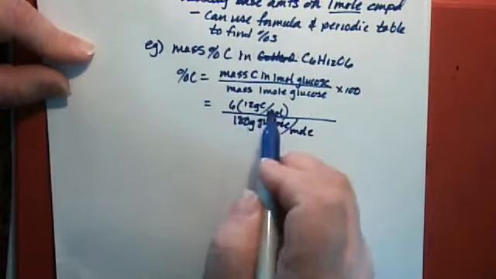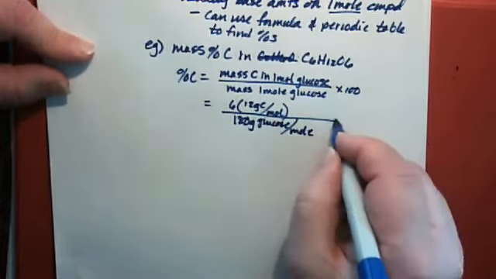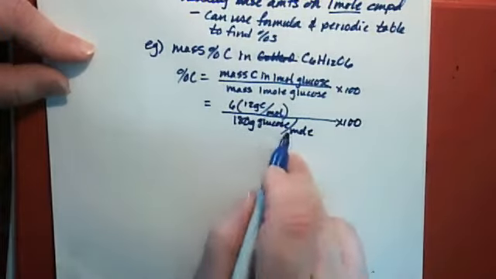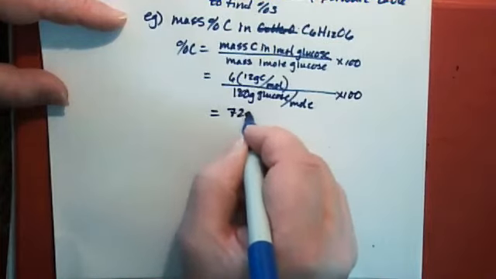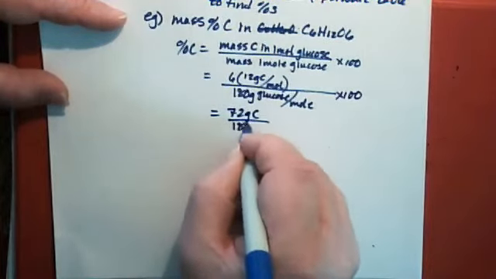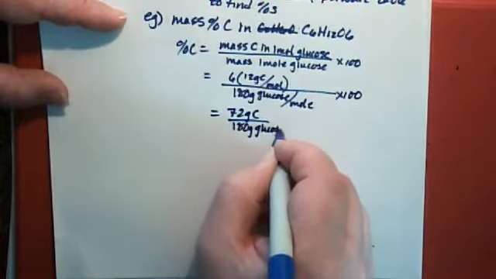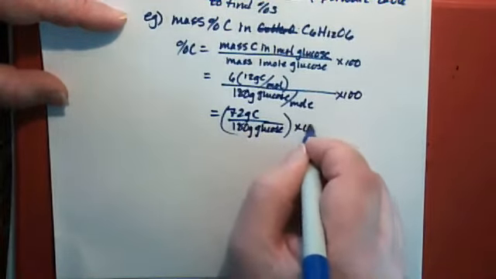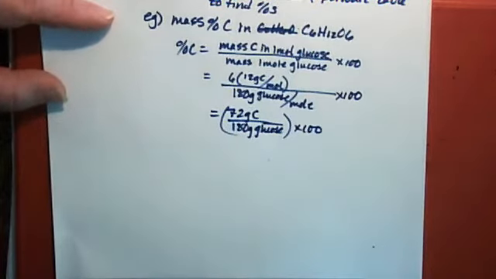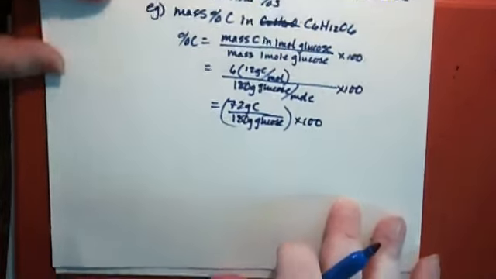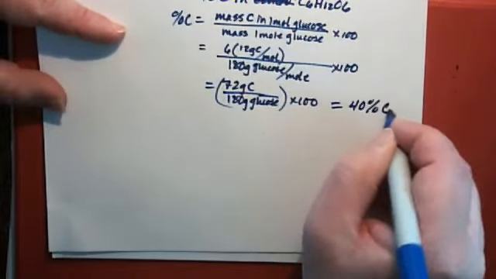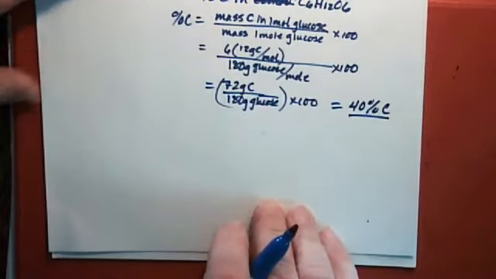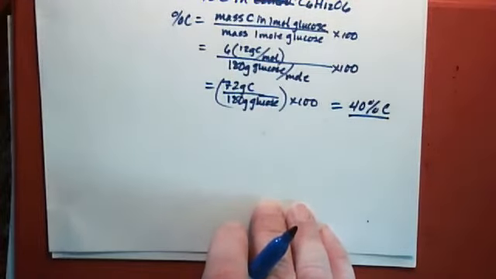So 6 times 12 is the part we're interested in, and 180 is the whole thing, if we're talking about 1 mole. So we've got 72 grams of carbon altogether for every 180 grams of glucose. And that comes to 40% exactly. So glucose is 40% carbon by mass.